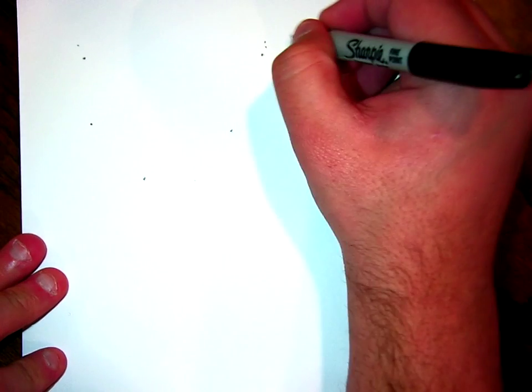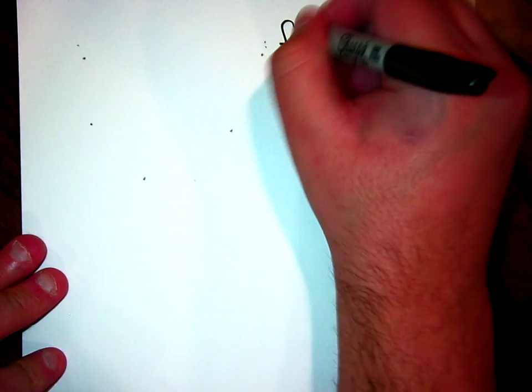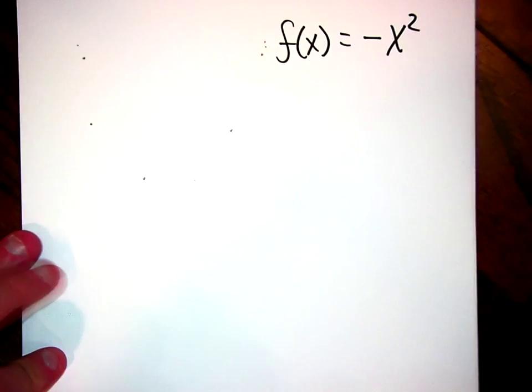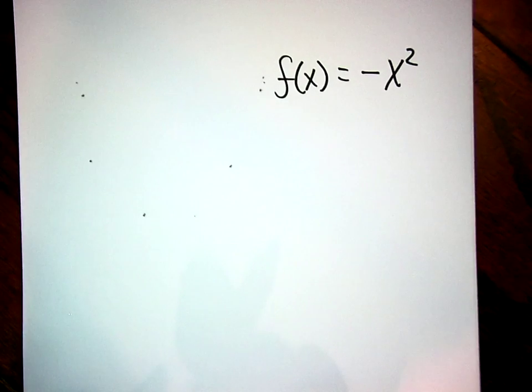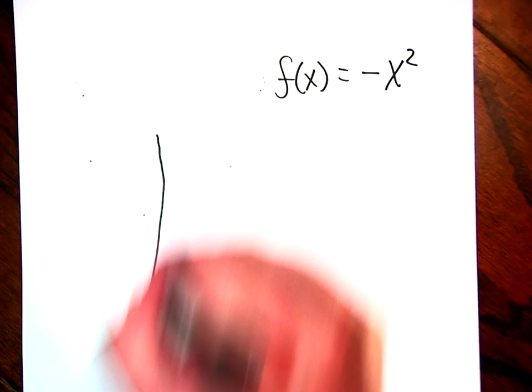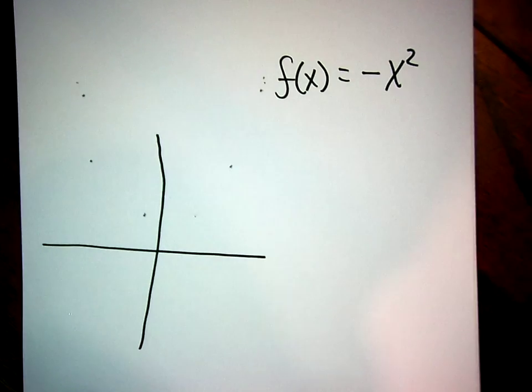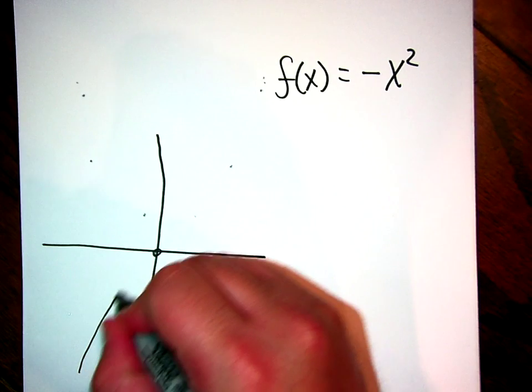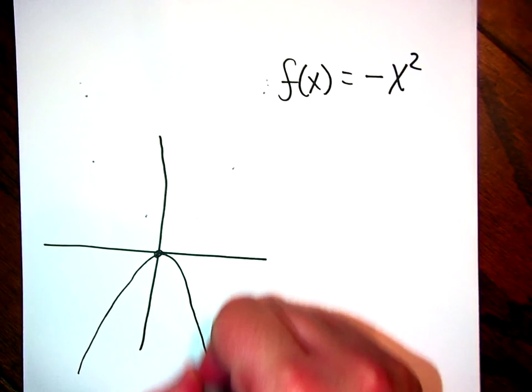Now, just for fun, what if we took a look at the function f(x) = -x squared? Well, if we do a quick graph of that function, what we're going to find is negative x squared does the same thing that x squared does, except on the opposite side of the x-axis.